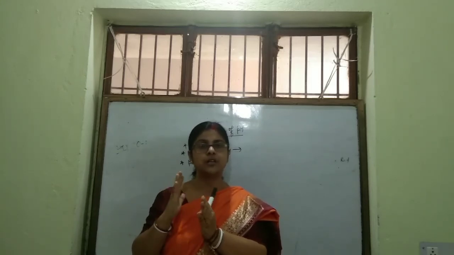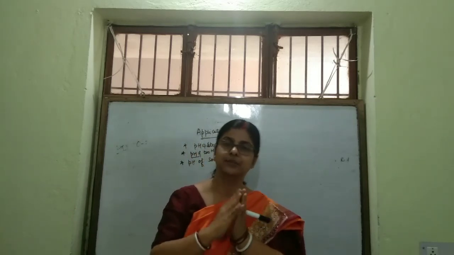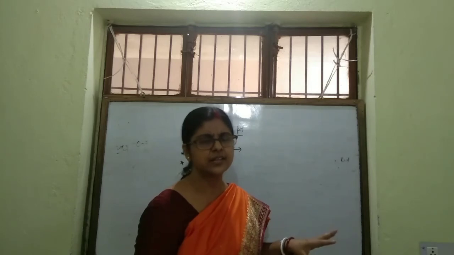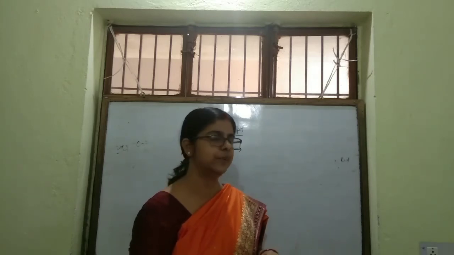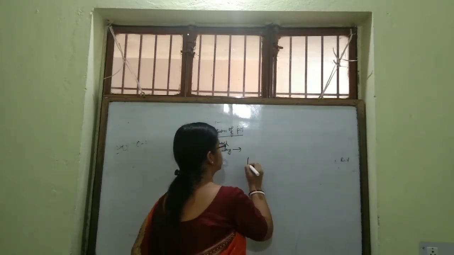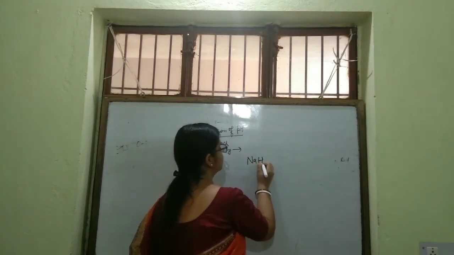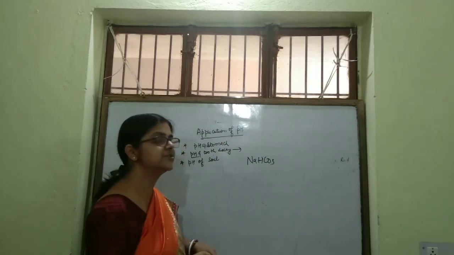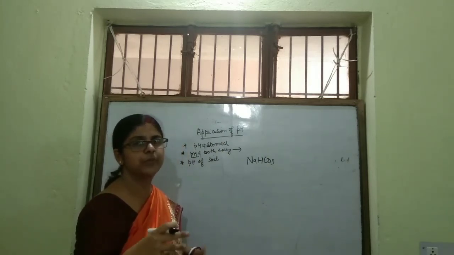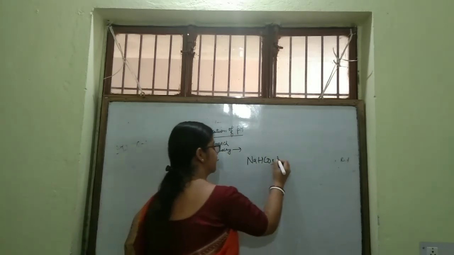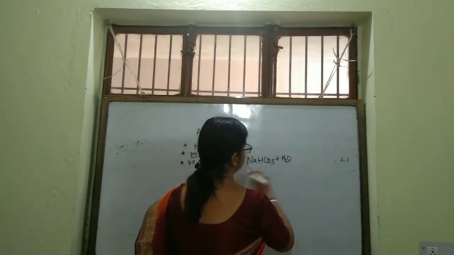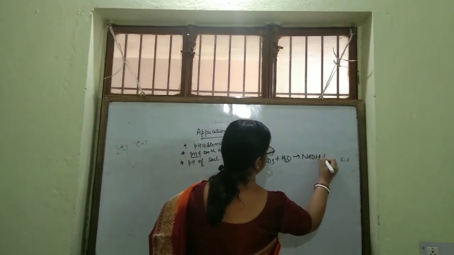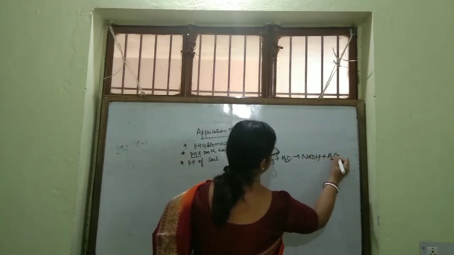Why? Because baking soda, we will deal in detail later on in this chapter. Here I am simply giving you this example. What is the formula of baking soda? Sodium bicarbonate. When baking soda is mixed with milk or water, water present in milk reacts with it and it forms NaOH plus H2CO3.